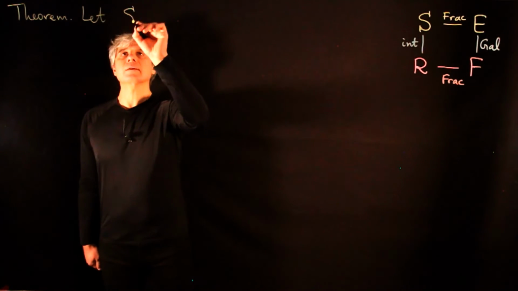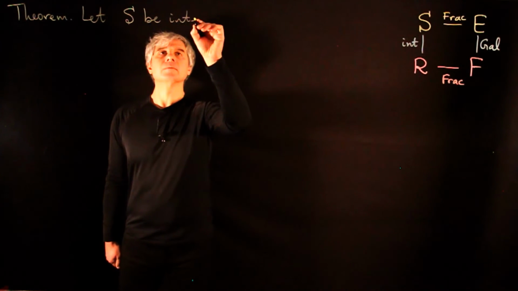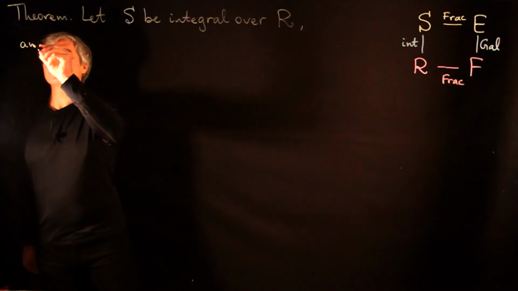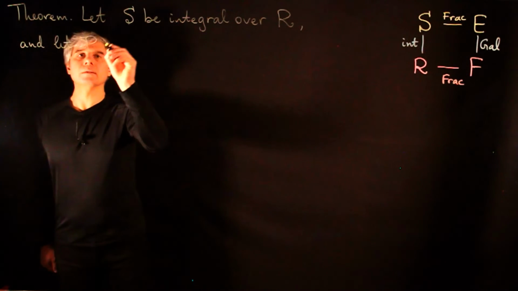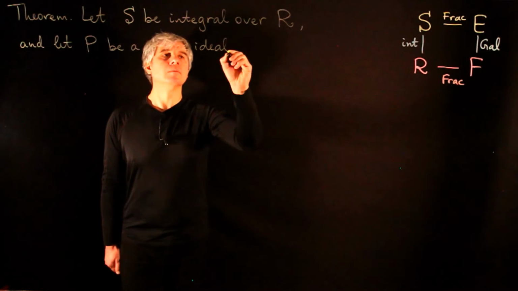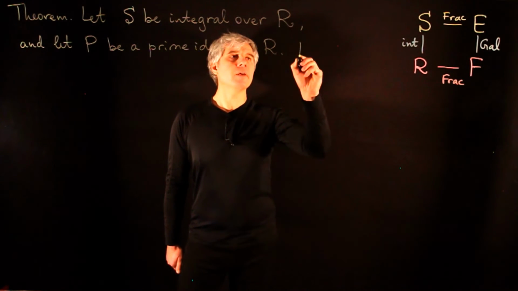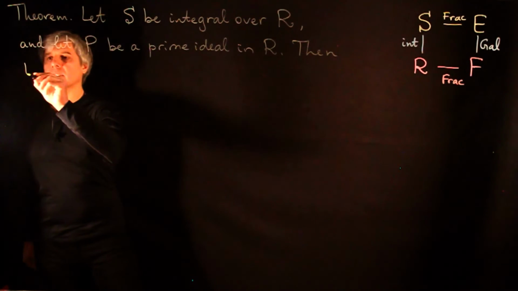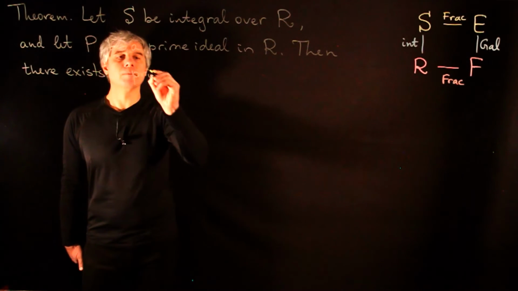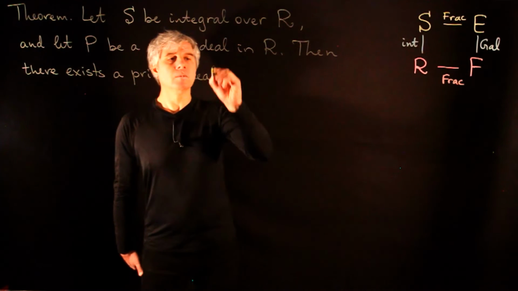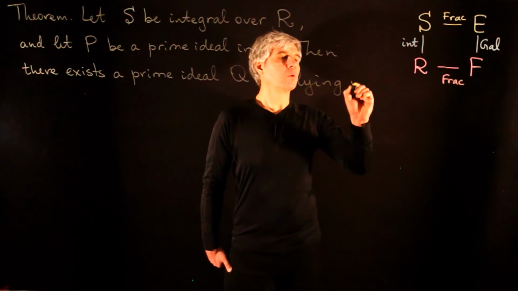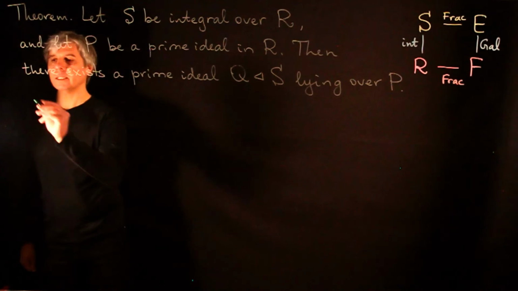Let S be integral over R, and let P be a prime ideal in R. Then there exists a prime ideal Q in the ring S lying over P. Let's give a proof.